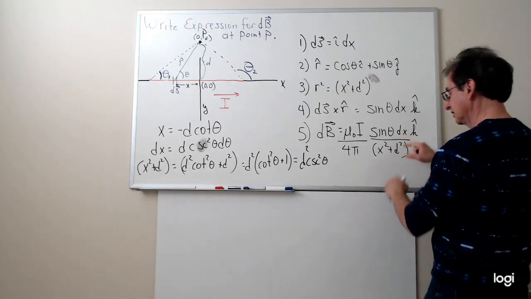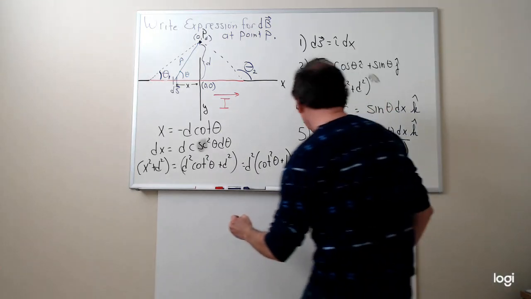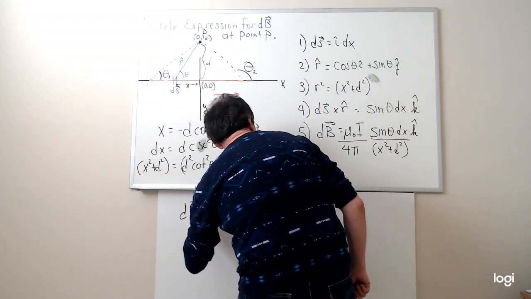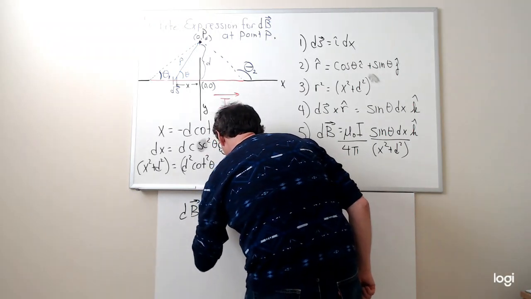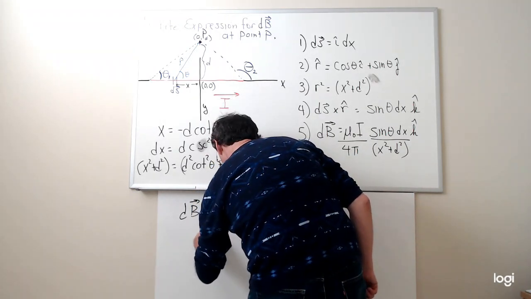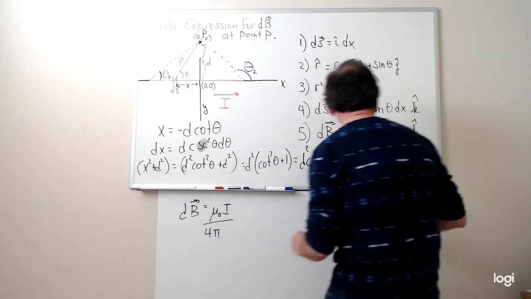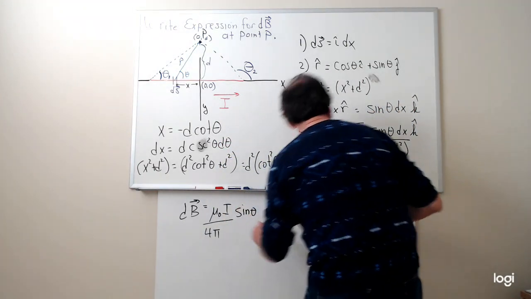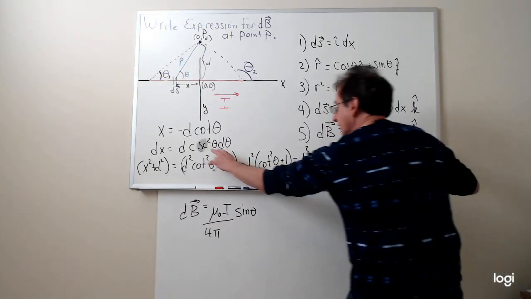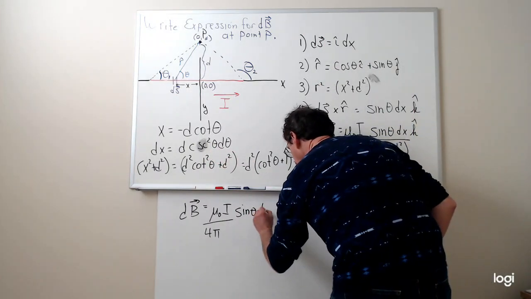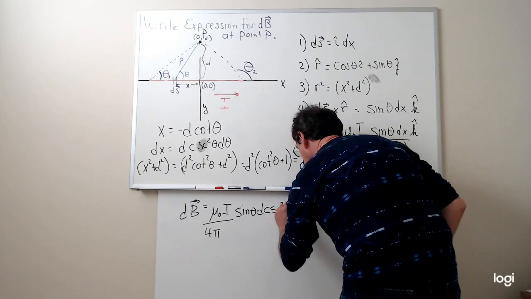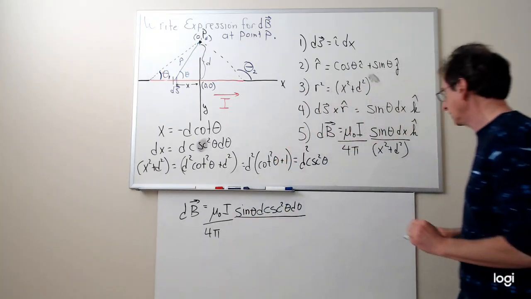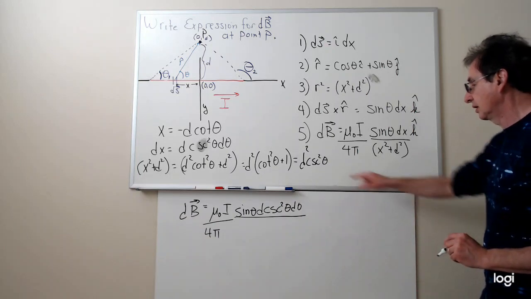Okay, so let's put this together just so we see this. I'm going to leave the sine of theta for now. So dx is this guy, and then in the denominator, I'm going to put this.